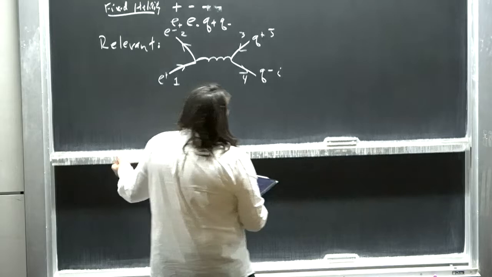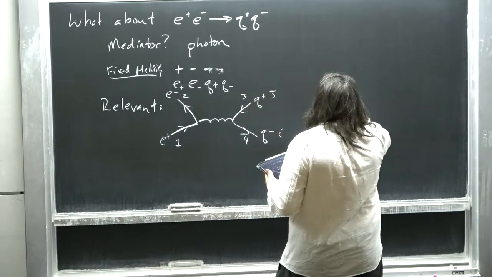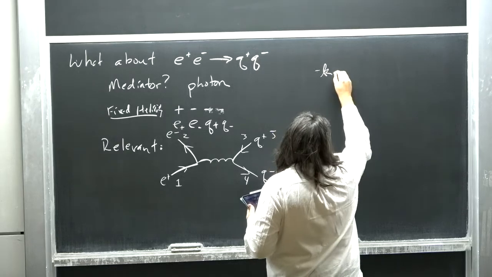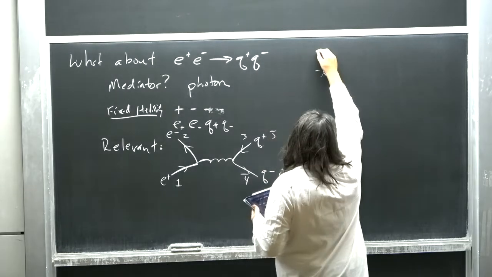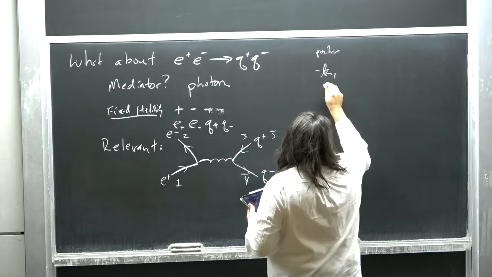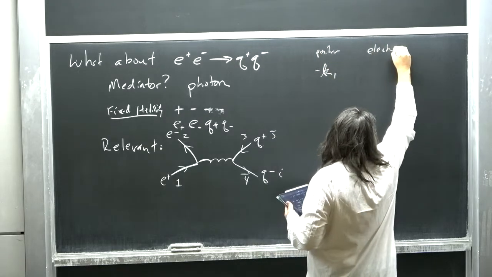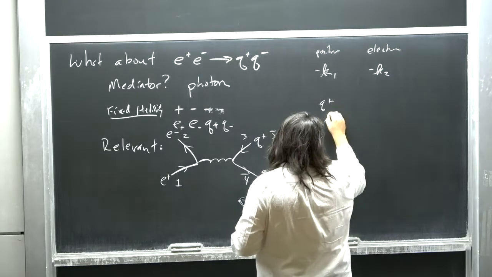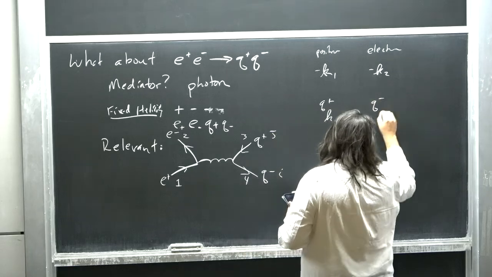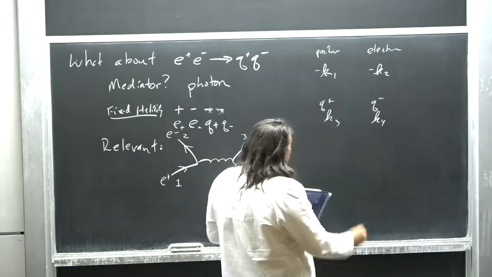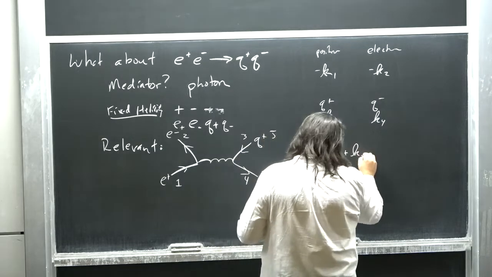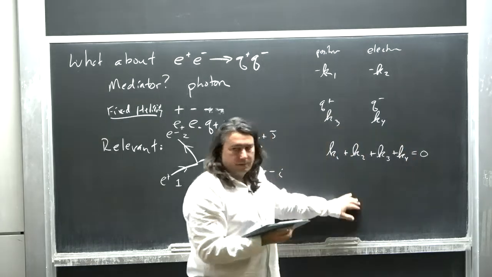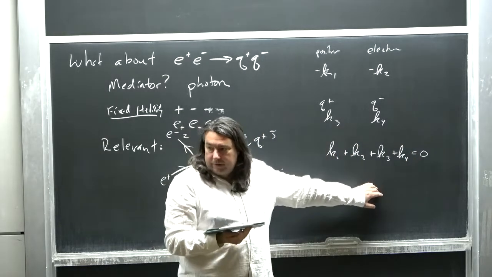Let me also say this. What I'm going to have you scatter is a positron that comes in with negative K1, an electron that comes in with negative K2, a quark that comes out with K3, and an antiquark that comes out with K4. So K1 plus K2 plus K3 plus K4 equals 0, just so I can use my all-outgoing convention.